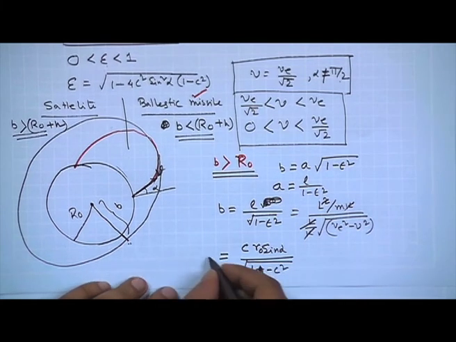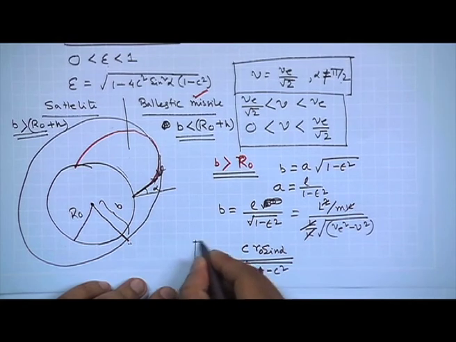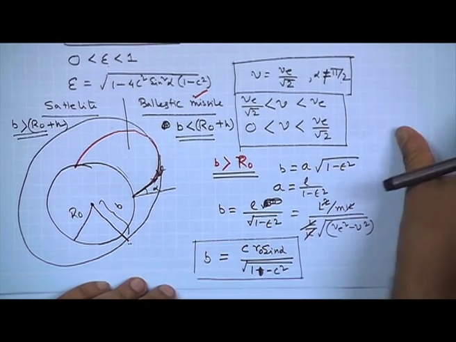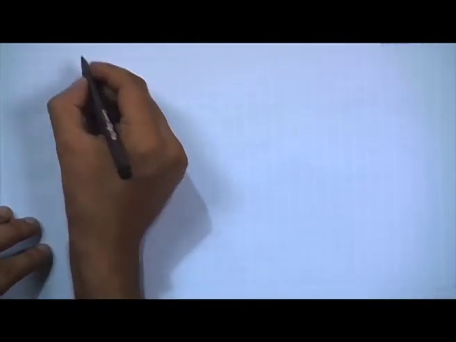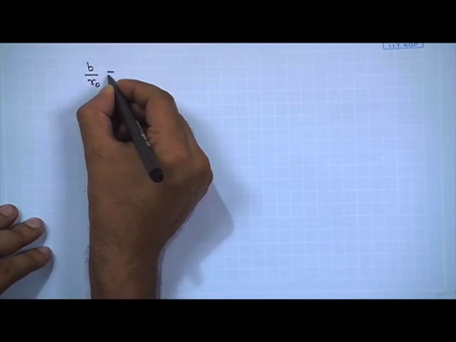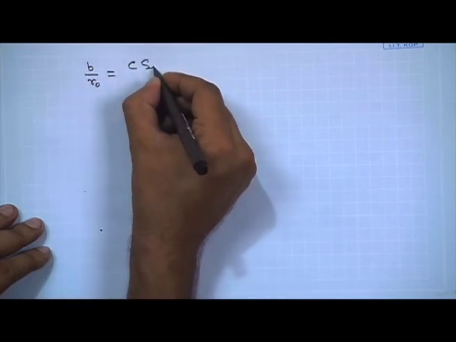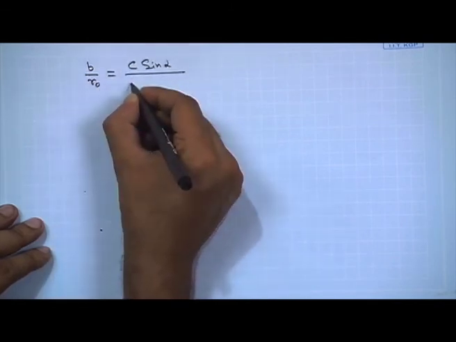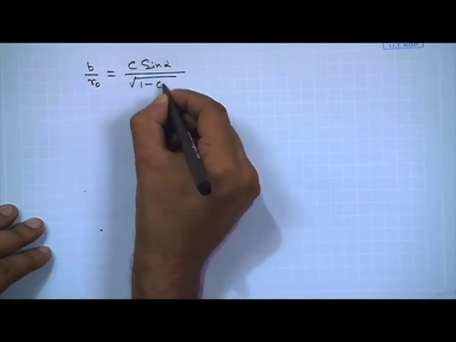Okay. So this is your b. Now if b is this, then b by r0 is equal to c sin alpha over root of 1 minus c square.